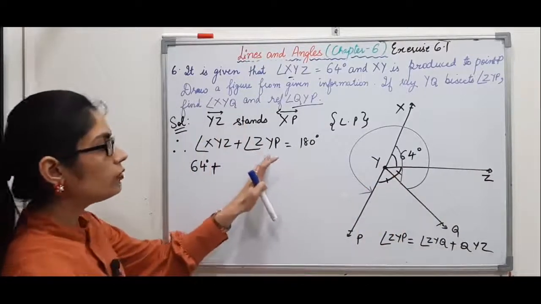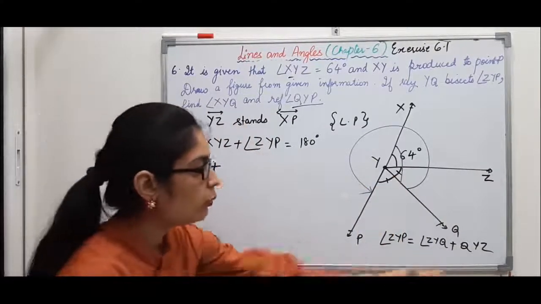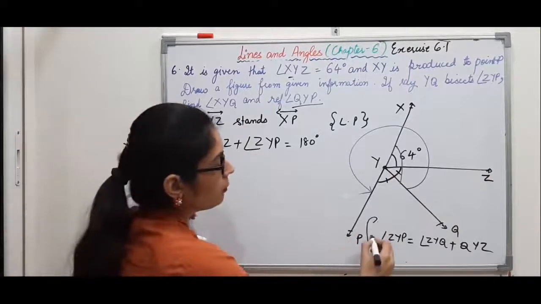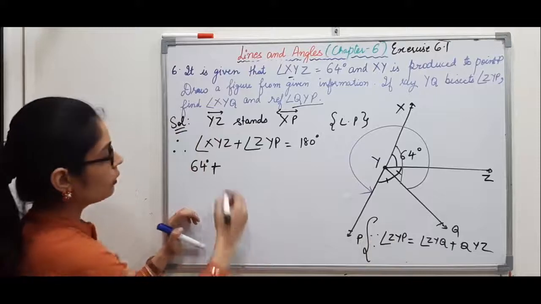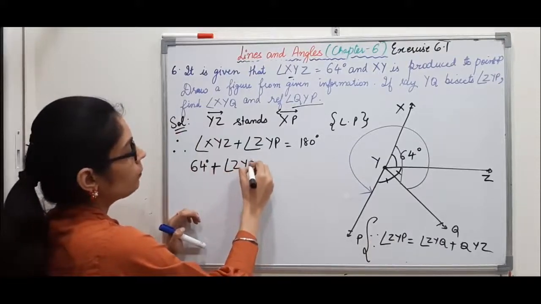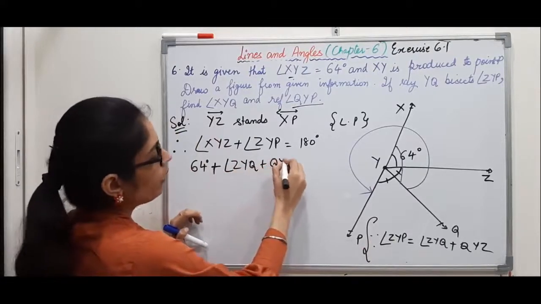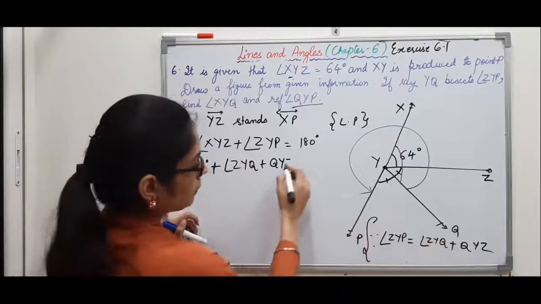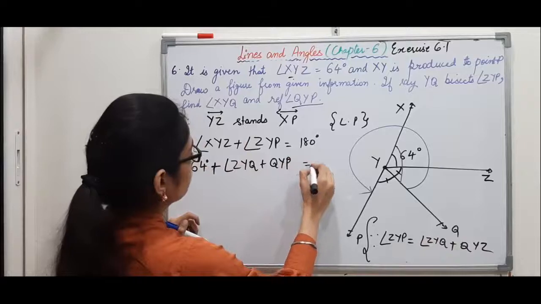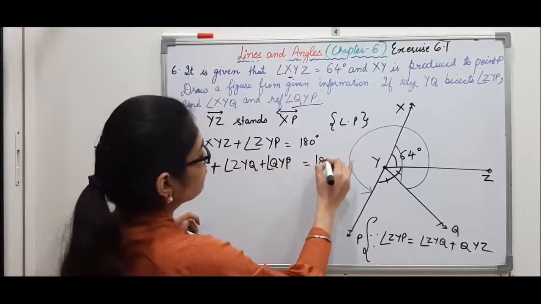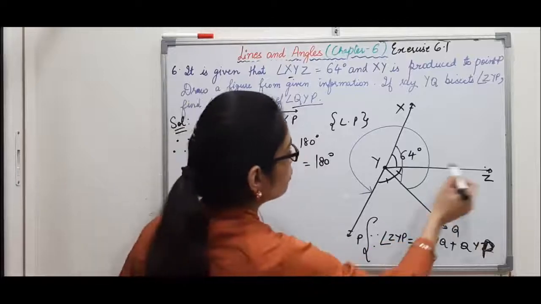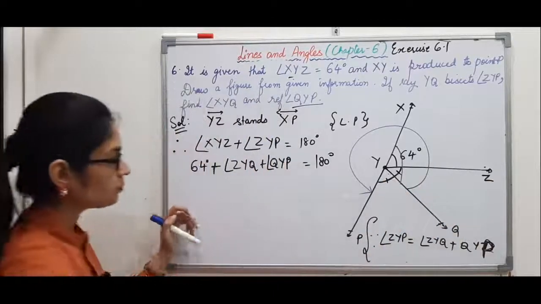So now instead of this angle I will write these two angles. So ZYP is equal to ZYQ plus QYP, and you can mention the reason also. Here also P we have to write, because this is one angle and the other one is this.